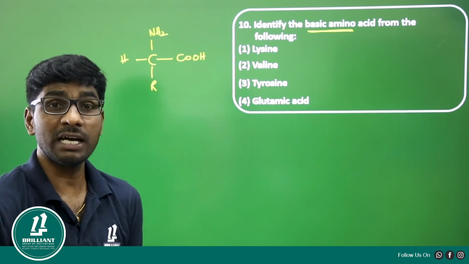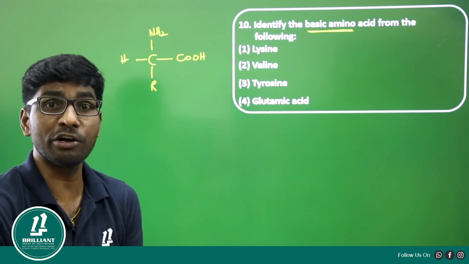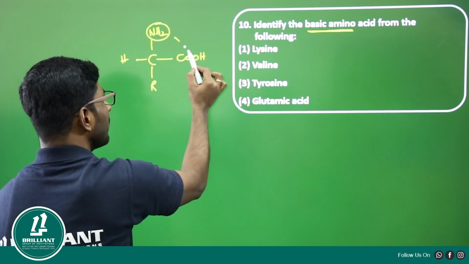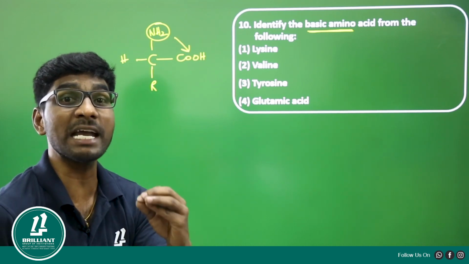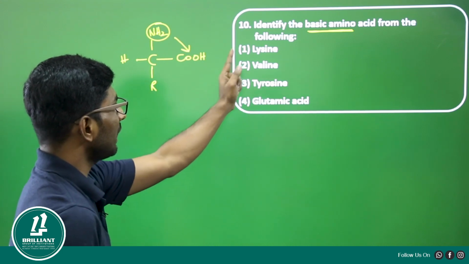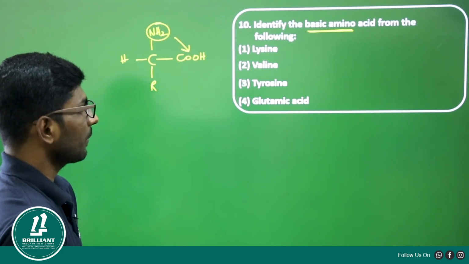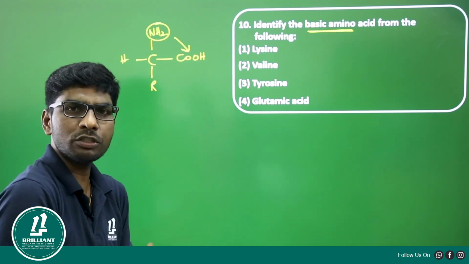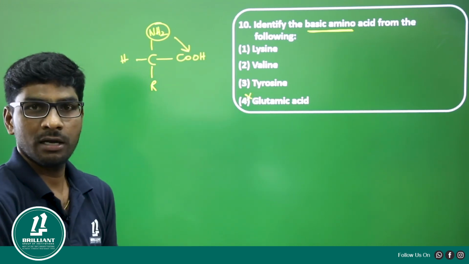Now, if the amino acid has more amino groups than carboxylic groups, such an amino acid is termed a basic amino acid, right? So look at here, lysine, valine, tyrosine, glutamic acid. Look at the fourth option, glutamic acid. It is already given it is acid, so ignore this one. Glutamic acid is not correct.